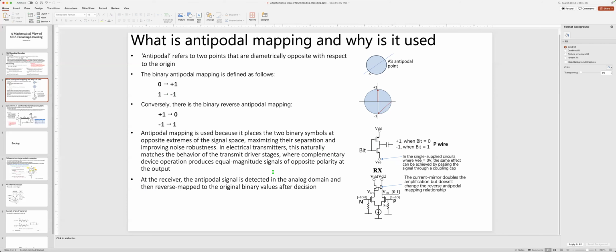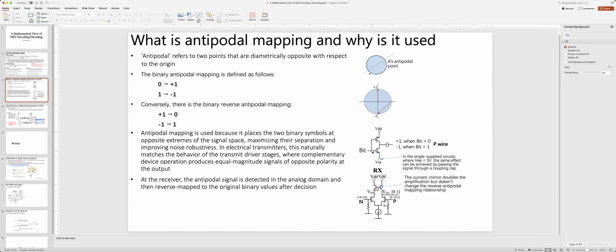The reason to use it is because it places the two binary symbols at the opposite extremes of the signal space. When we are transmitting a signal, we want to fully utilize the available signal space, which is the swing range, right?